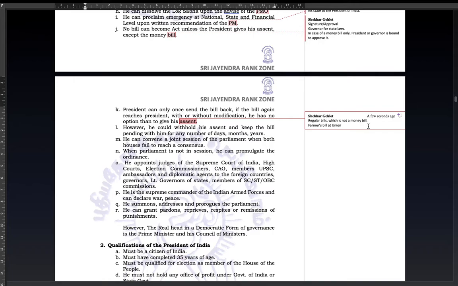Okay, now it has been passed by both Rajya Sabha plus Lok Sabha. Now this bill will go to president. President can at this stage, at one stage, refuse to sign it, refuse to approve it.